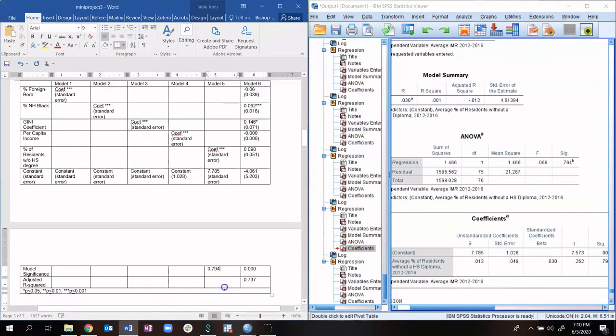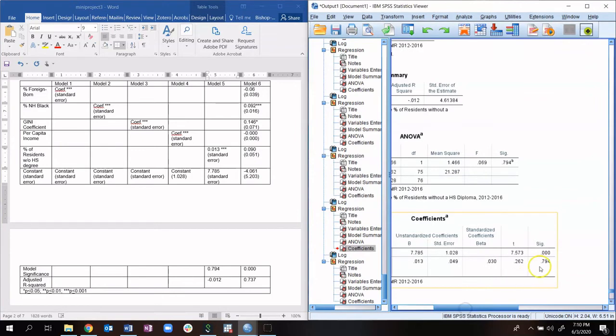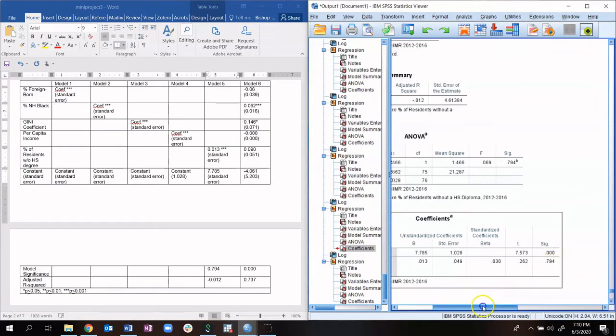Adjusted R square is that one that's negative 0.012. All right. And then the coefficient is 0.013. And this one was not significant because the significance value is 0.794.